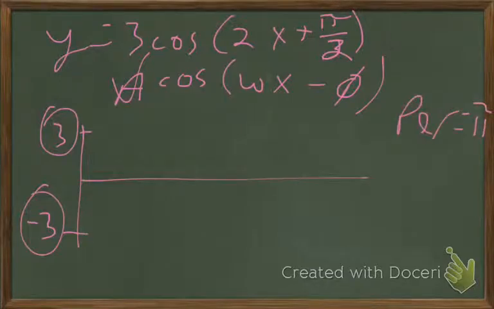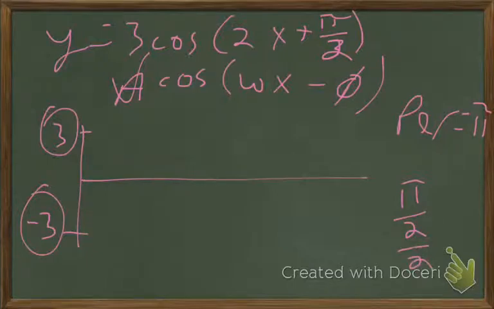Okay, now how we shift this is a little bit different. Okay, how we shift this is phi over w. Okay, so we are going to shift this pi over 2 over 2.